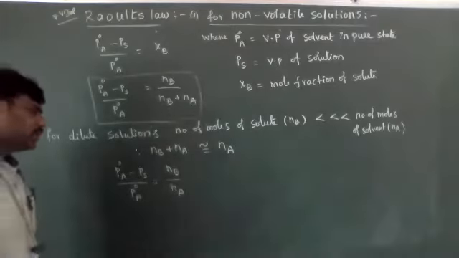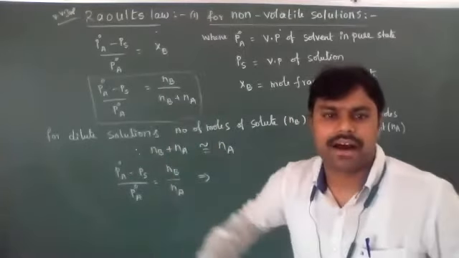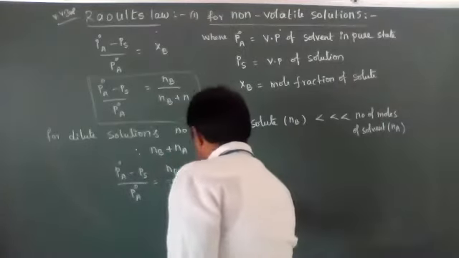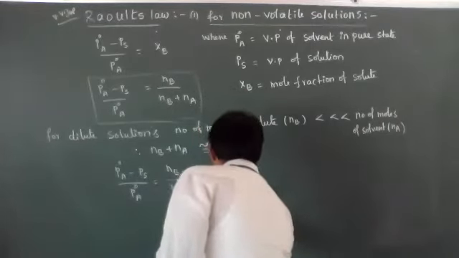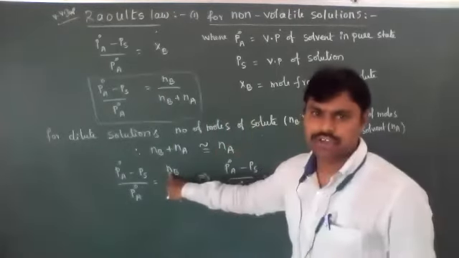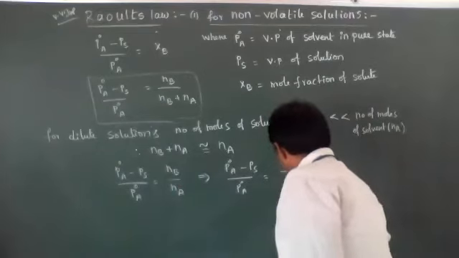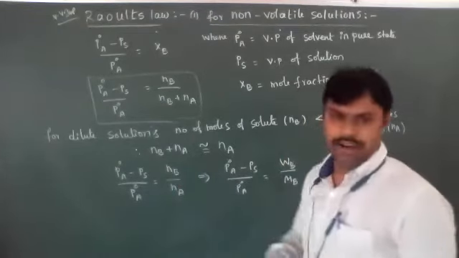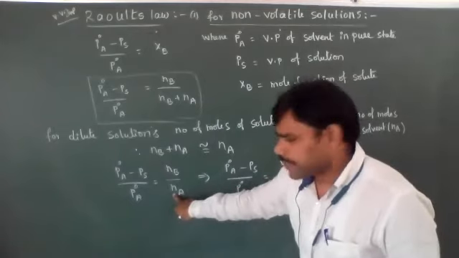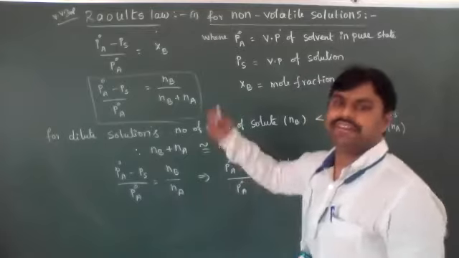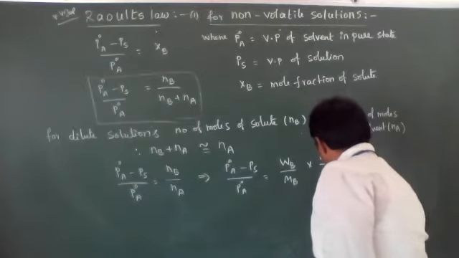Number of moles of solute means weight by gram molecular weight. So it is WB by MB, the solute's gram molecular weight, and the denominator is WA by MA, so MA goes to the numerator, MA by WA.